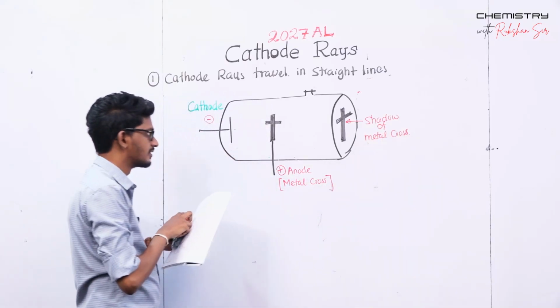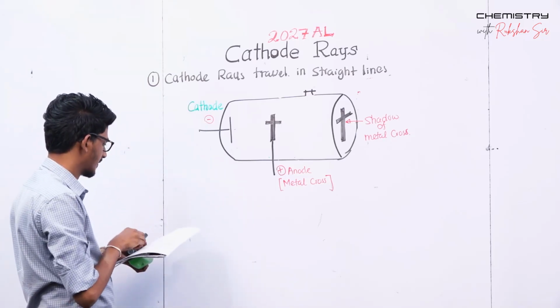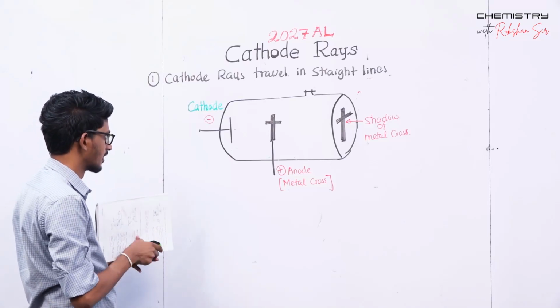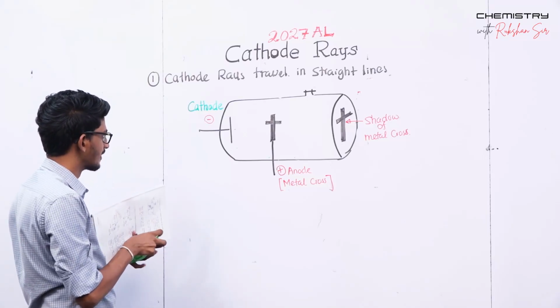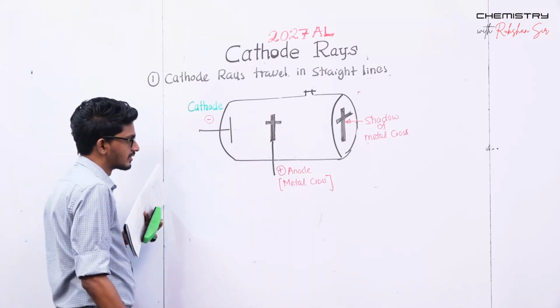To see this, cathode rays should travel in straight lines. The cathode rays are not going through this opaque object.